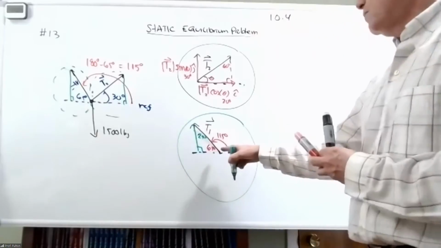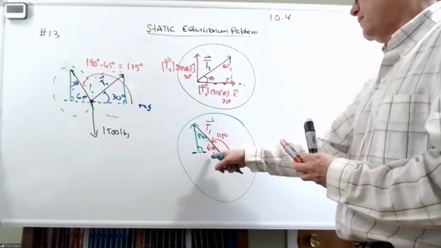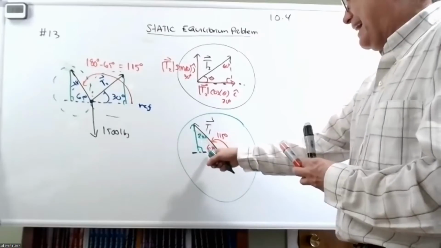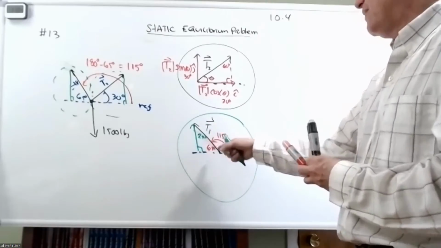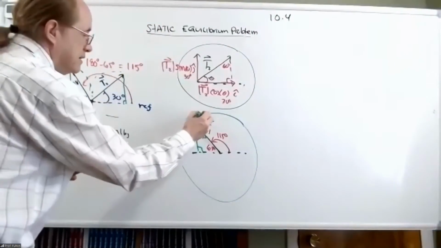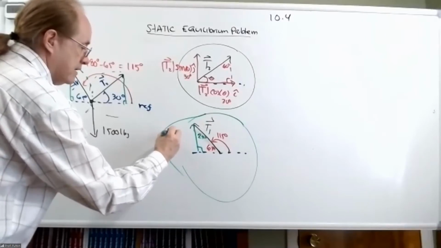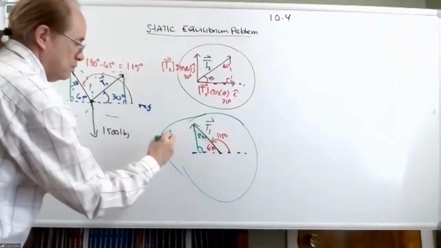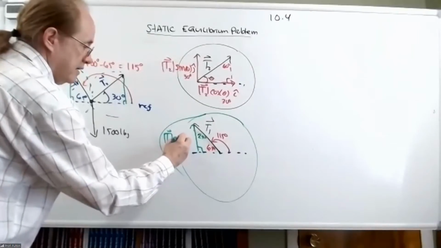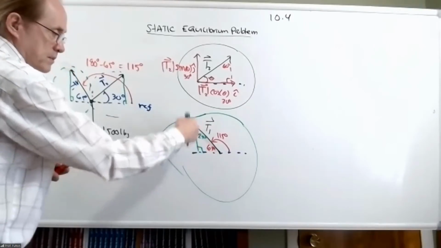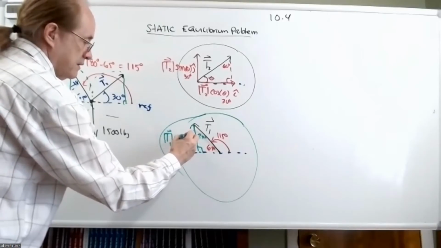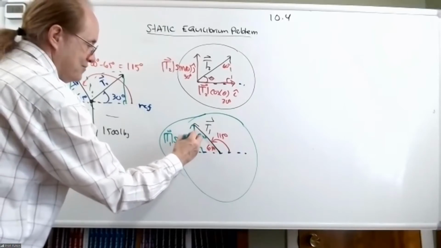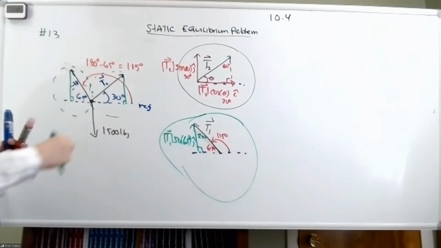For that, we take the magnitude of T1 times the sine of 65 degrees, the other theta over here. That's the sine of that angle, 65 degrees, and it's going to be in the positive j direction, the vertical direction.